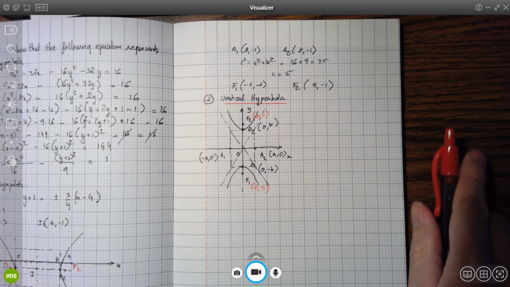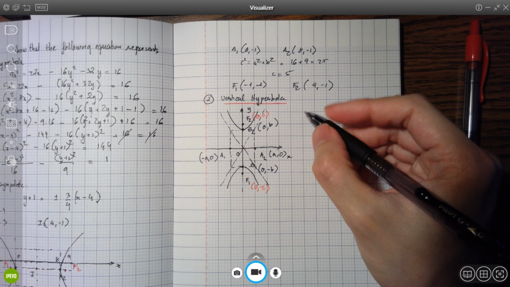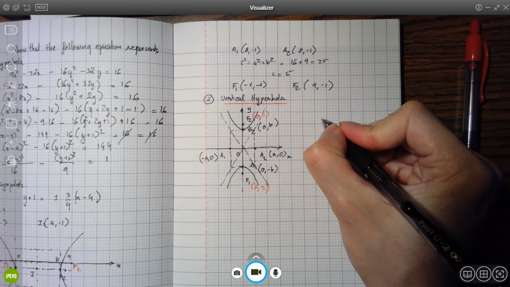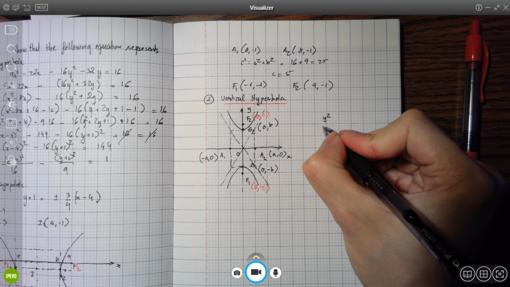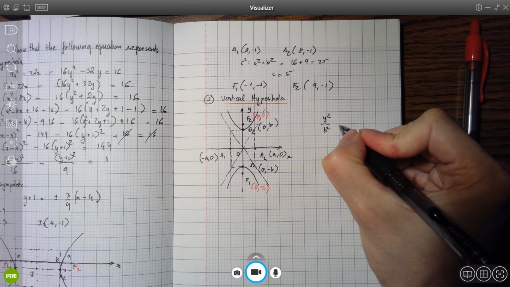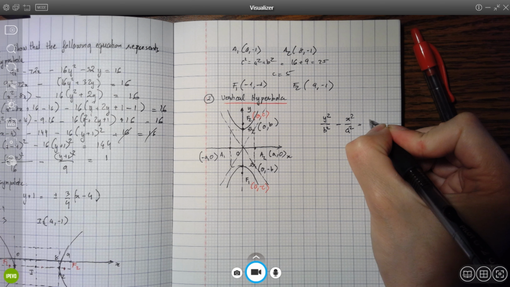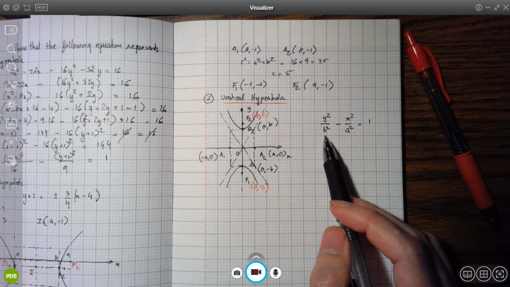The equation for vertical hyperbola will be a little bit different. Instead of having x square in the front, we have y square over b square minus x square over a square. Some textbooks put y square over a square and x square over b square.